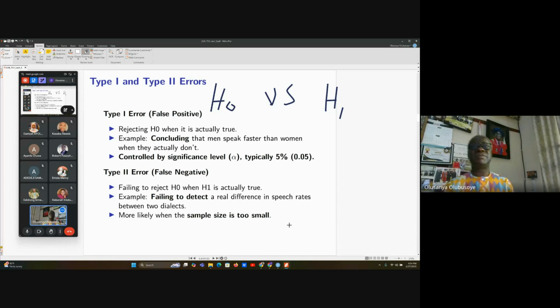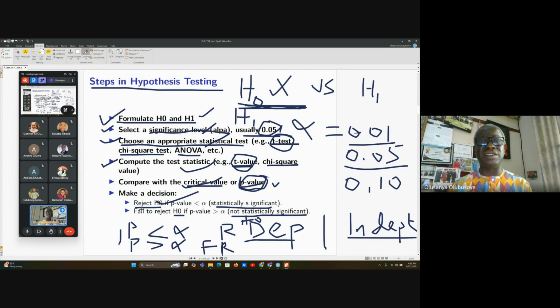Two errors are possible, because from our decision we can reject the null. We may also fail to reject the null.